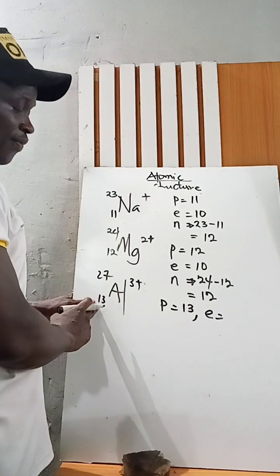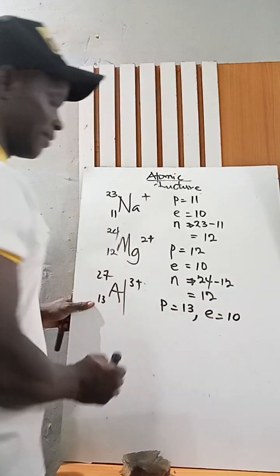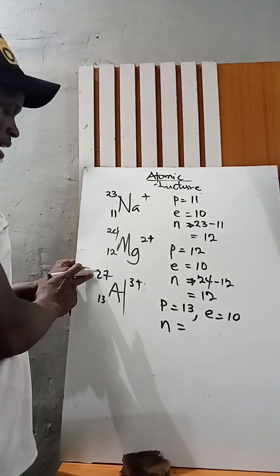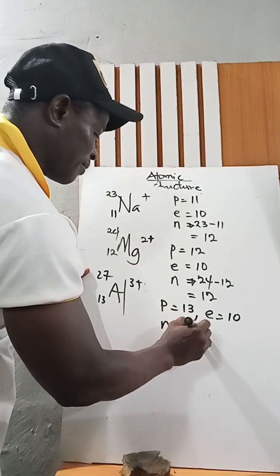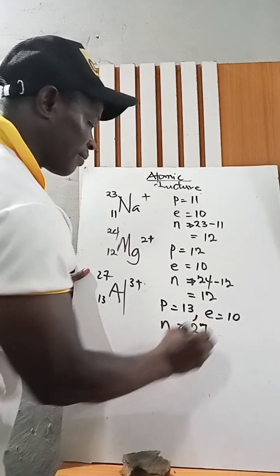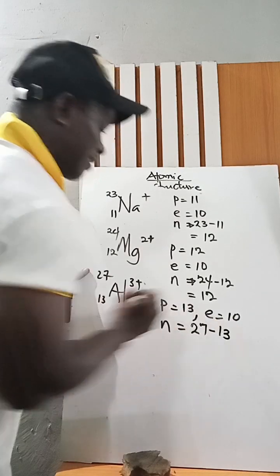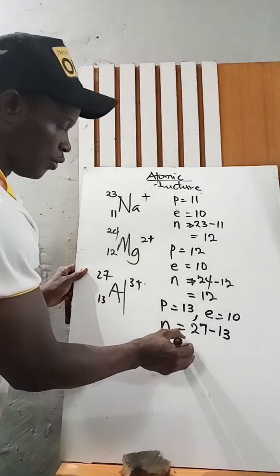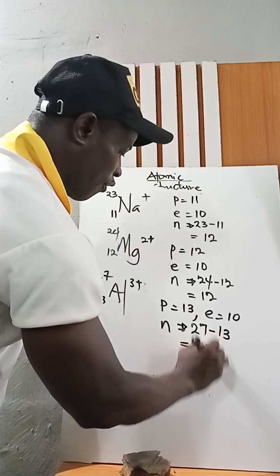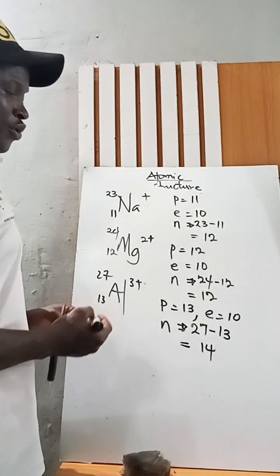So, subtract that 3 from 13. That's 10. Now, let's get the neutron number. Very simple. Mass number minus atomic number. 27 minus 13. And if you do that math, it's going to give you 14 neutron number.